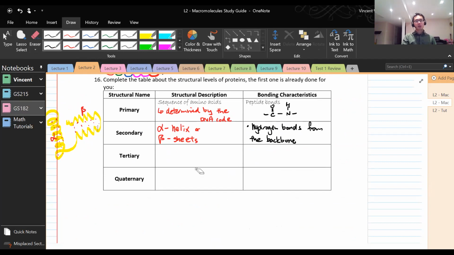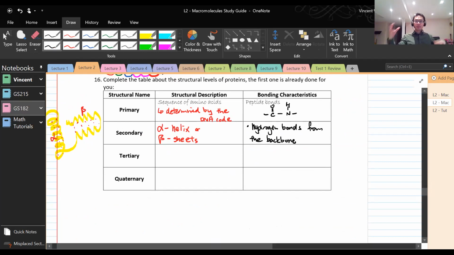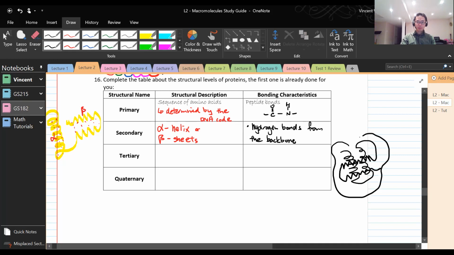And then afterwards, the protein will fold up together to form a three-dimensional shape. That would be the tertiary structure. So you would have the protein folding up like this. Oops, I just erased it. They might fold up on itself and form a three-dimensional shape.